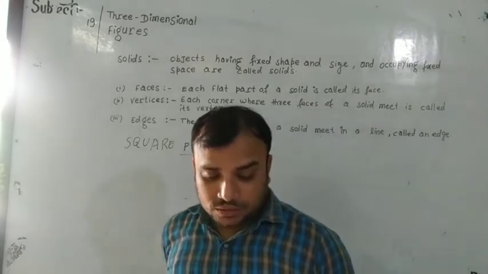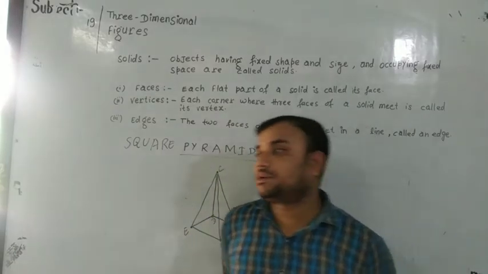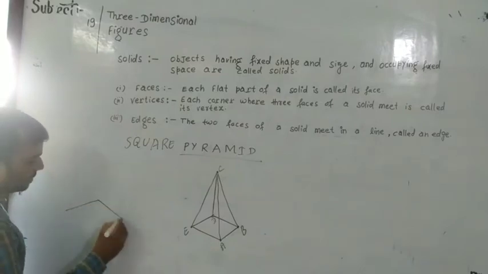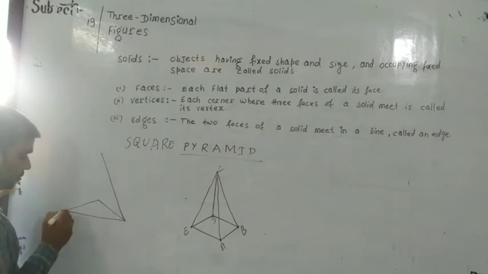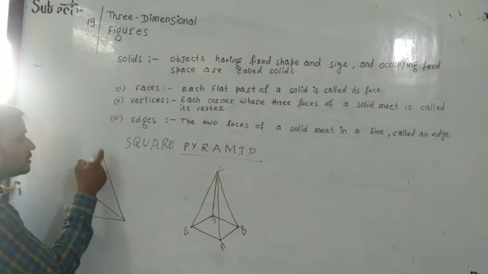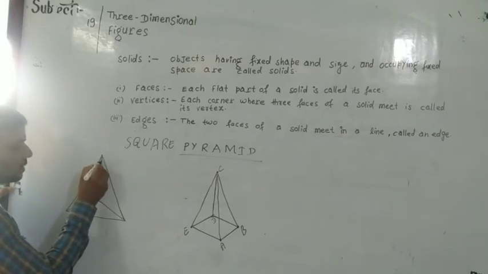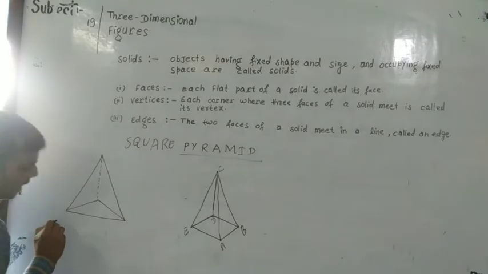Dear student, triangular pyramid. If the base of a pyramid is a triangle, then we say it is a triangular pyramid. This is a triangular pyramid, and this is called tetrahedron.